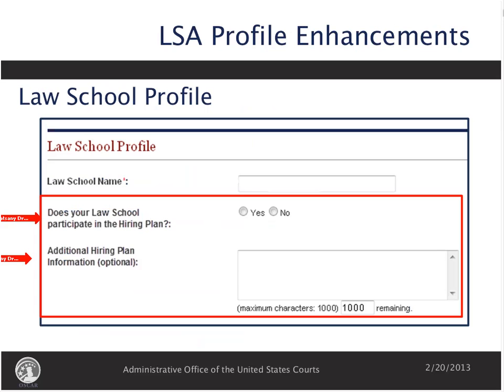You also have a text box to add more information about your law school's hiring plan participation. Again, there's a limit for the number of characters you can enter into this field, and so there is a remaining character count to help with that.